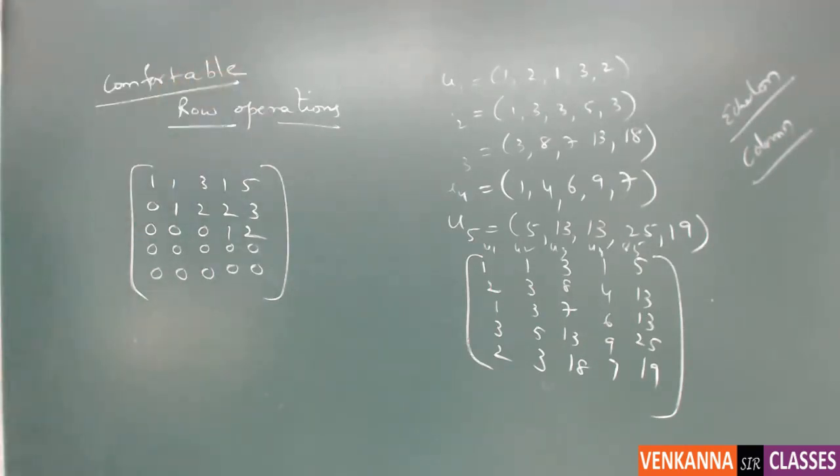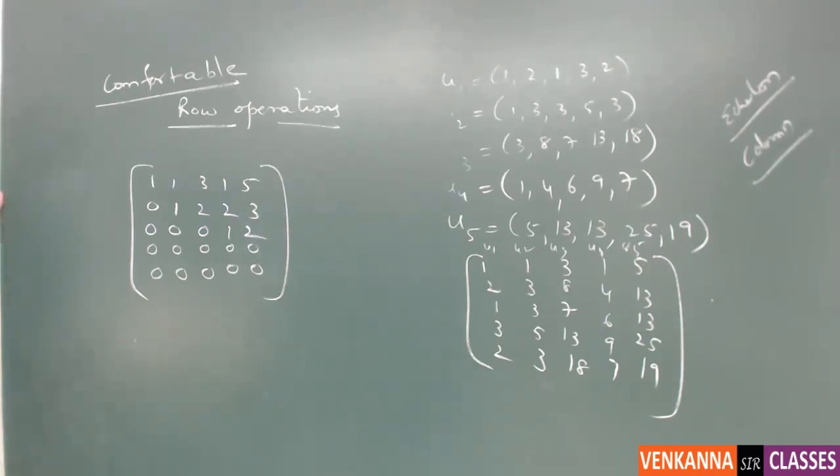So what is the only difference between the previous method and this method? We consider the vectors as columns of the matrix as it is. We apply row operations as usual. We reduce that into echelon form, and then we observe the columns, what are the dependent columns and what are the independent columns.